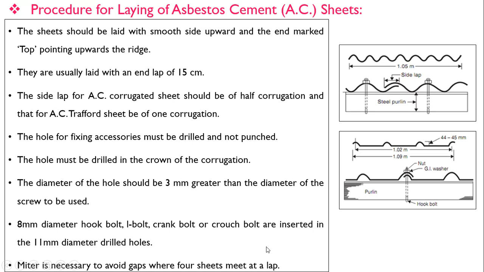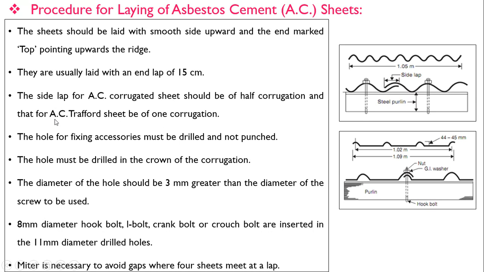While placing one sheet above the other, the end lap should be 15 centimeters. The side lap of asbestos cement corrugated sheet should be half corrugation, and for AC Trafford sheet it should be one corrugation.